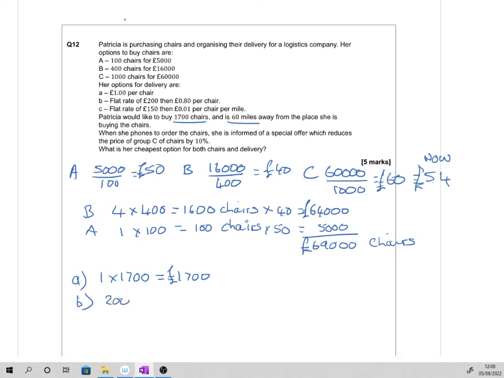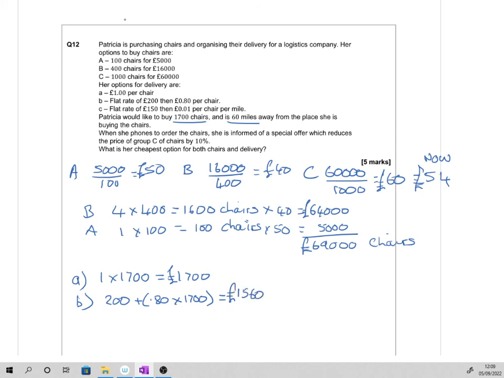So it's 200 plus 0.80 times 1,700 chairs, which equals 1,560.